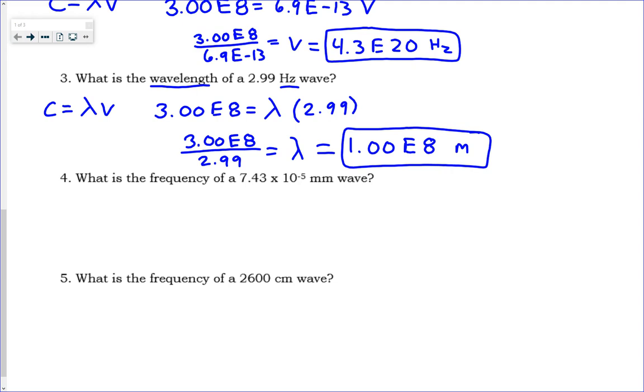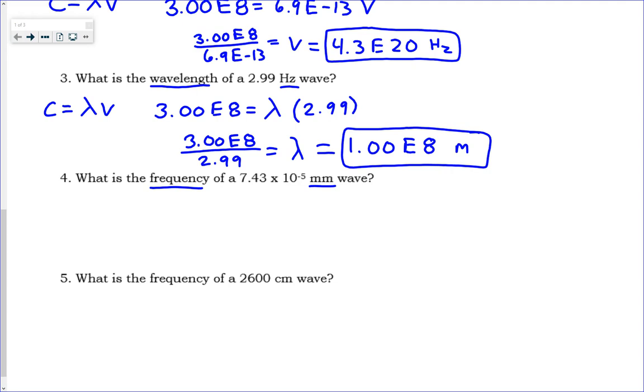Problem number 4. This is another one with frequency, and then we're given units of millimeters this time. This is a little bit tricky because millimeters is not the correct units to be plugged into these equations. If you're going to be plugging something in, it should be in meters. So that means we're going to do a little conversion before we put the numbers in. It starts off at 7.43 times 10 to the negative 5th millimeters.